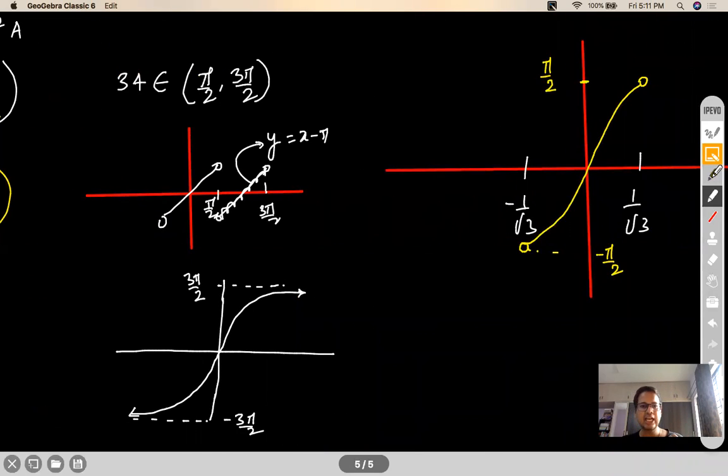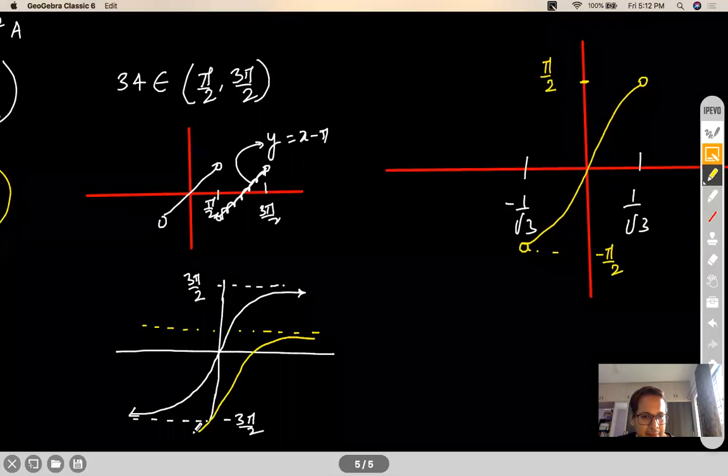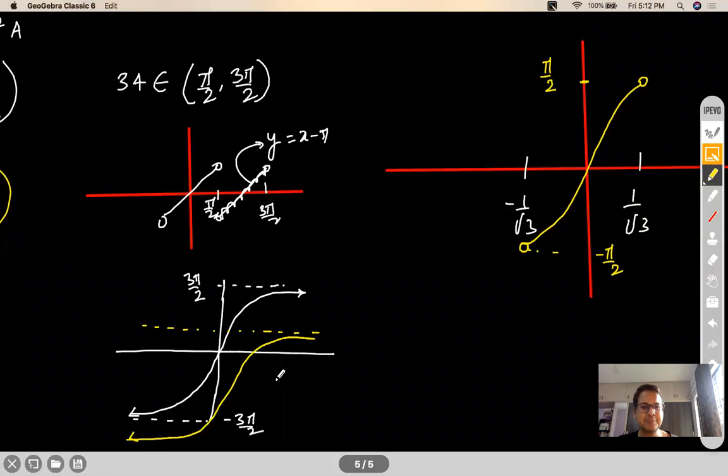So if this graph is pulled down by pi, this arm that you see will basically die like this. Am I right? Okay. So this will be the pi by 2 line.